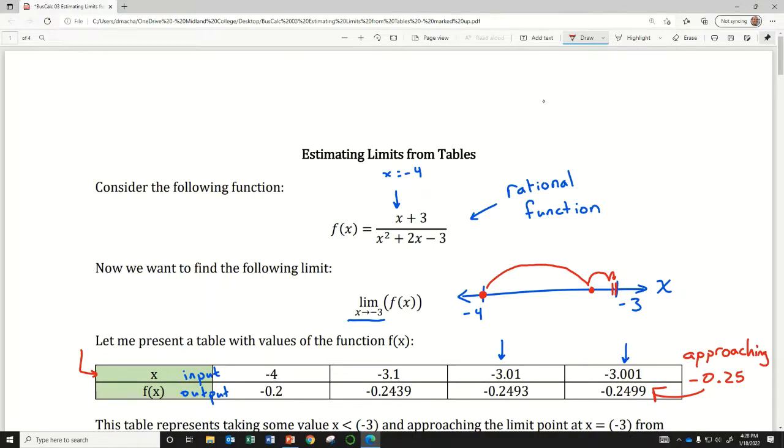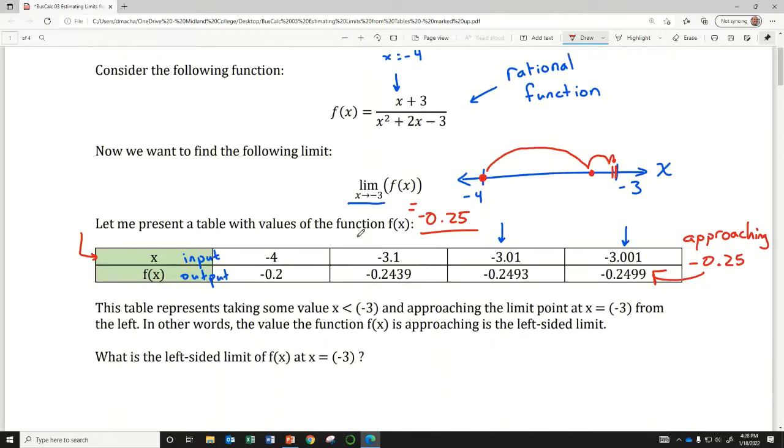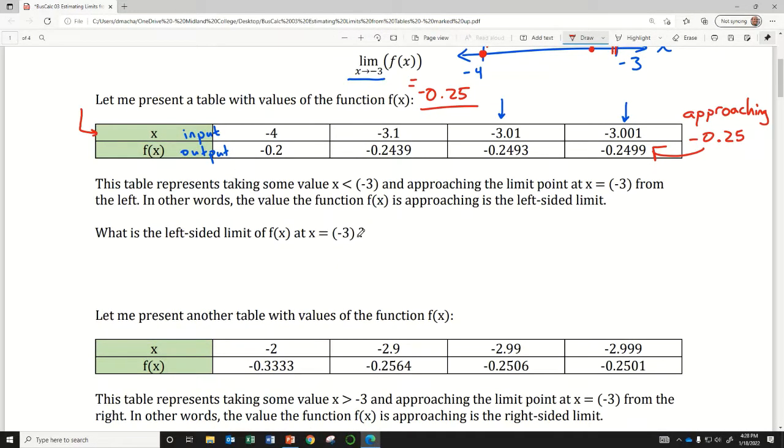When we want to find this limit, the limit as x approaches -3, a good guess based on looking at this table would be -0.25. So when the question asks what is the left-sided limit at x equals -3, we're talking about -0.25.